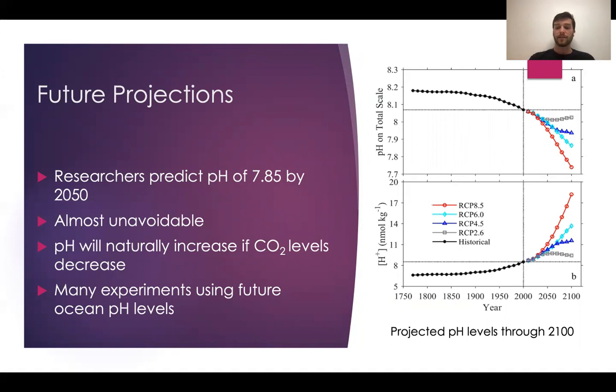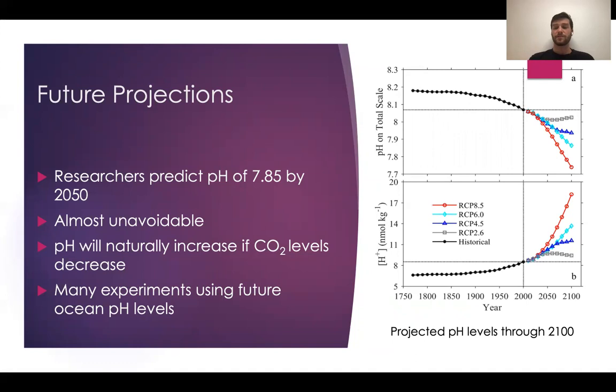This graph on the bottom shows essentially the same thing with the gray squares representing a curving or an extreme decrease in emissions. The dark blue triangles are if we just stop. The teal squares are if we continue what we're doing right now. And the red circles are if we continue increasing our rate of emissions.